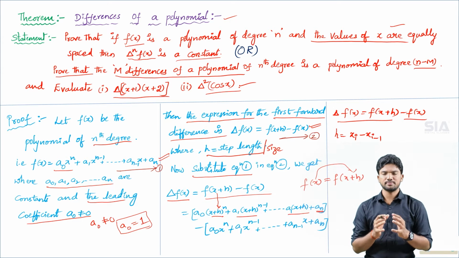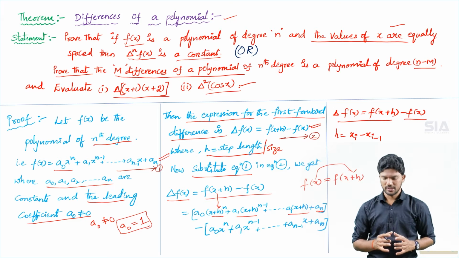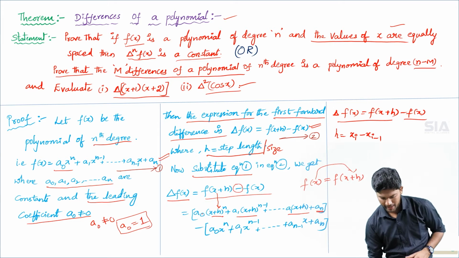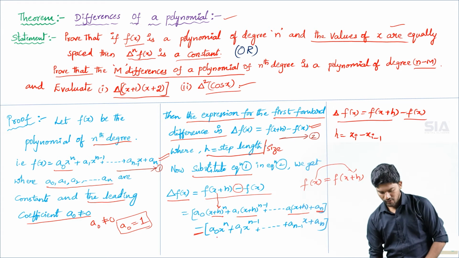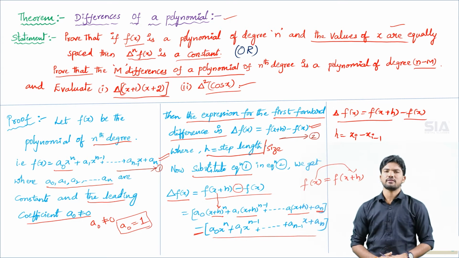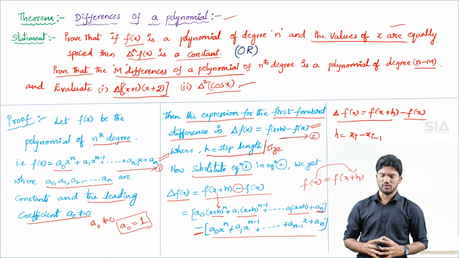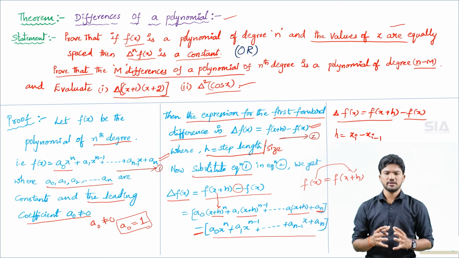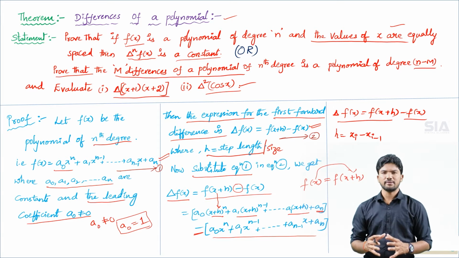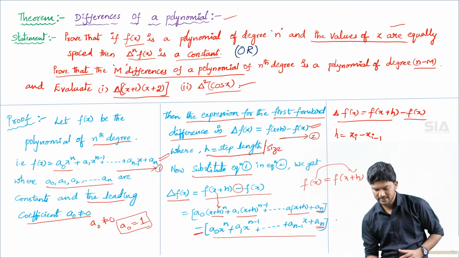That is the total expression for f of x plus h. And in the formula we have minus f of x. F of x means the given equation number 1. Write down the total equation number 1: a naught x power n plus a1 x power n minus 1 plus and so on, a suffix n minus 1 into x plus a suffix n.